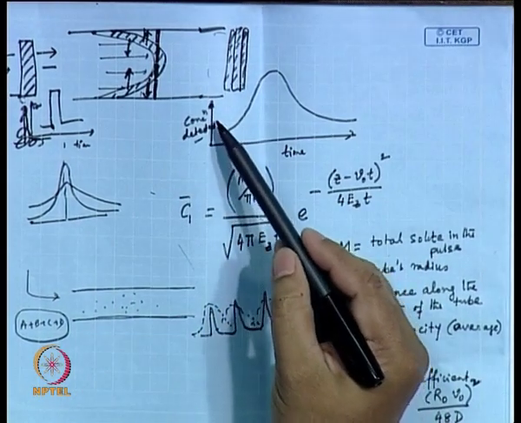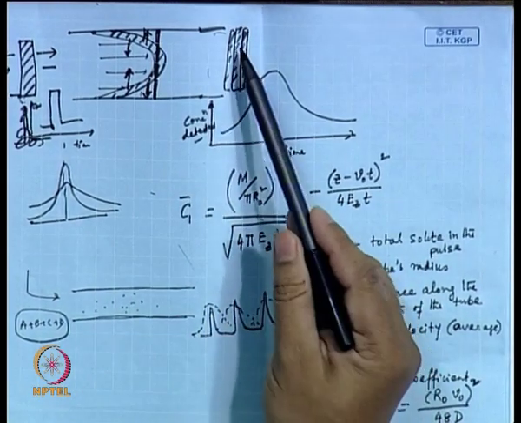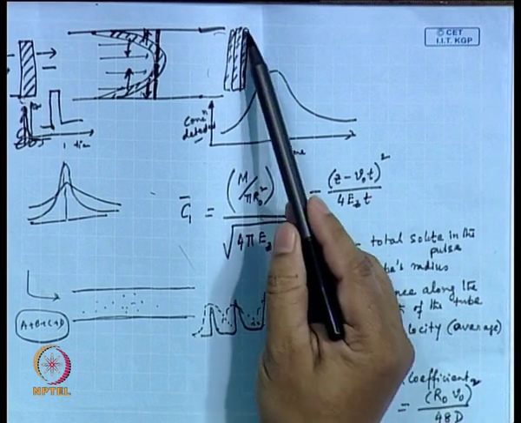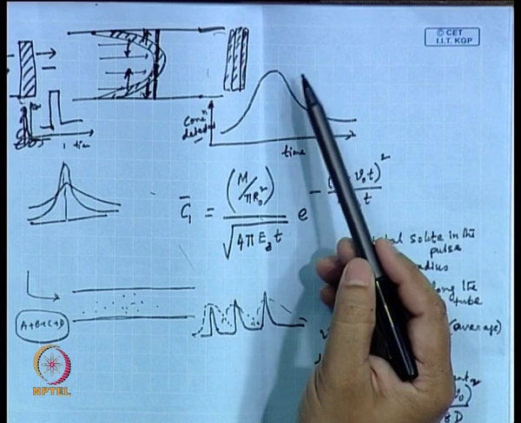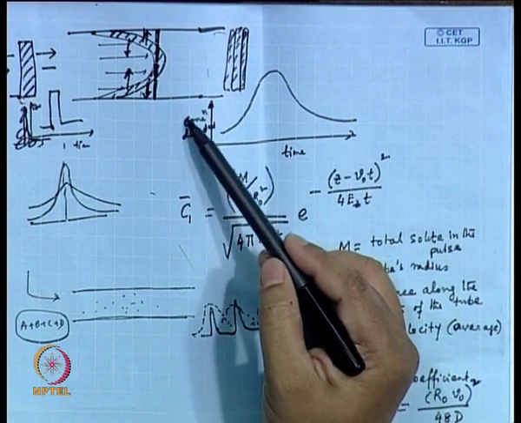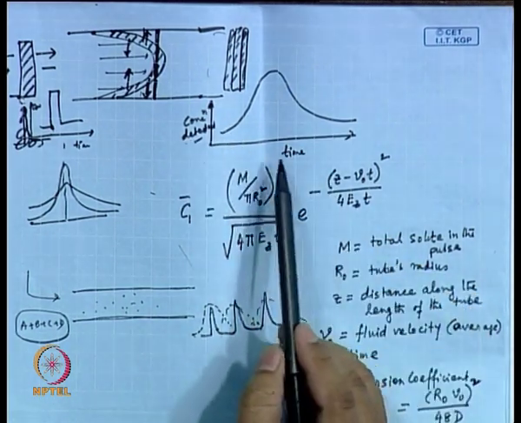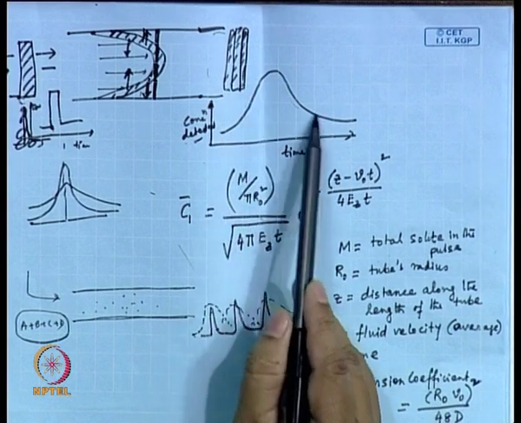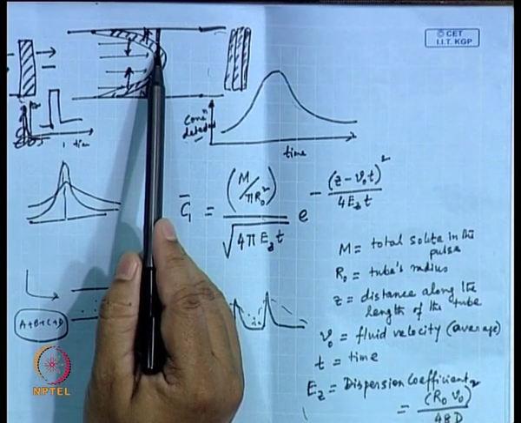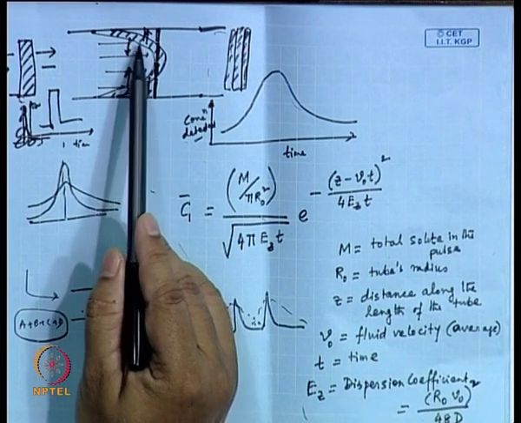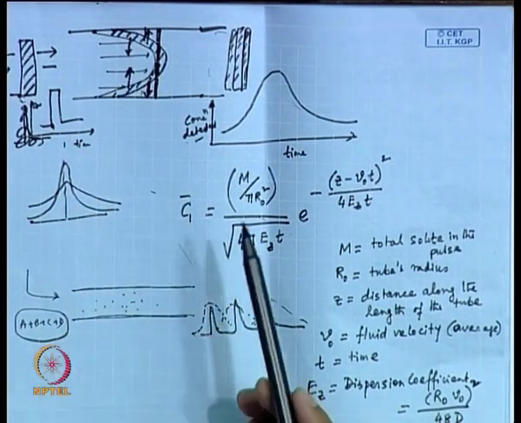If you plot the average concentration of this block that is detected by the detector, which is positioned at the outlet, as a function of time, what you see is a distribution, because the first layer will have some concentration, then some other concentration, then some other concentration.